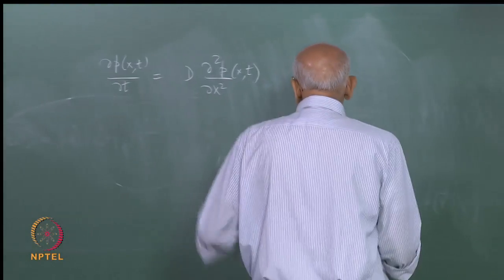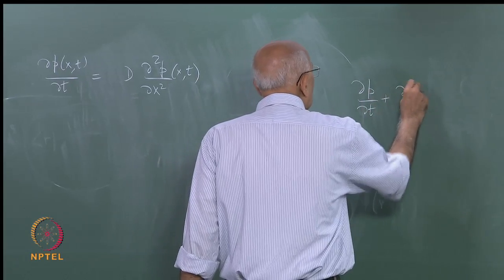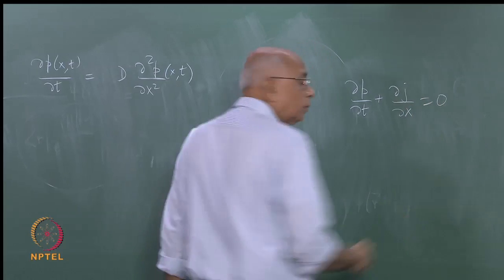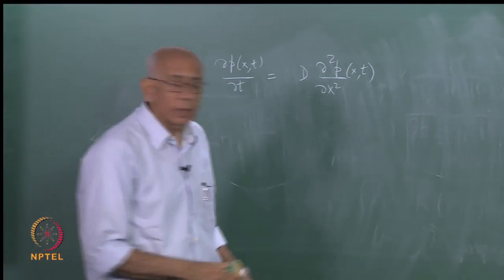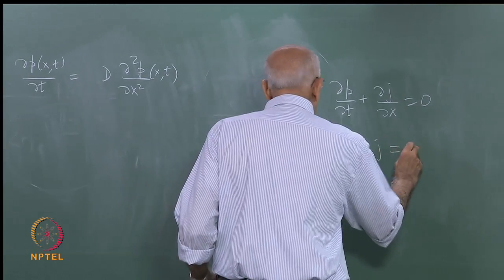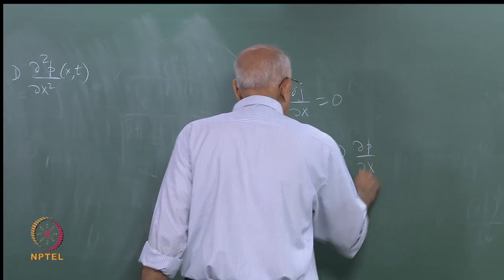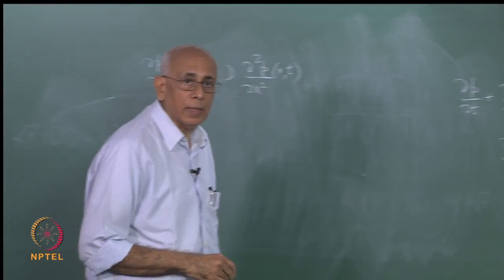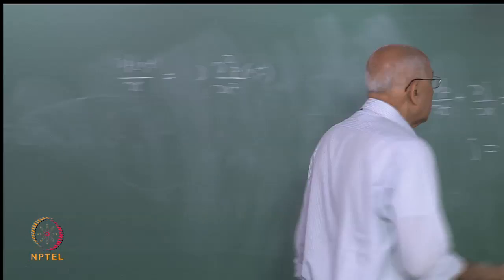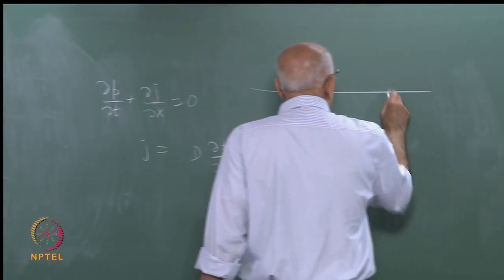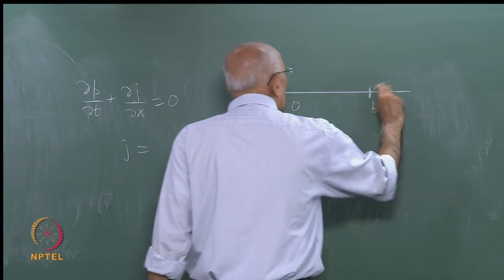So for instance, you can write this equation as ∂p/∂t + ∂j/∂x = 0, where j is a current, and this looks like an equation of continuity. And what is the current? This j, by the linear response that I already mentioned, is proportional to ∂p/∂x, with a minus sign. And the boundary condition, when you have a barrier, so on this line you have some boundary point B, let us say this is the origin, and you are not allowed to go beyond this.